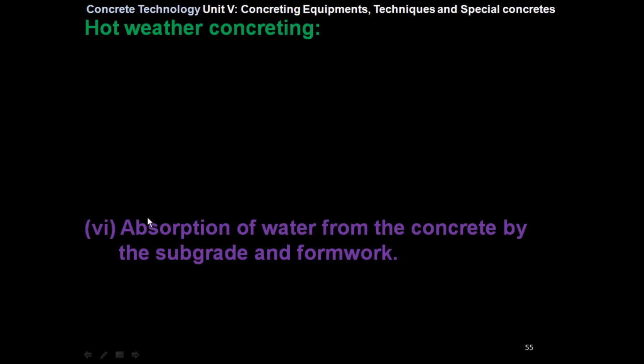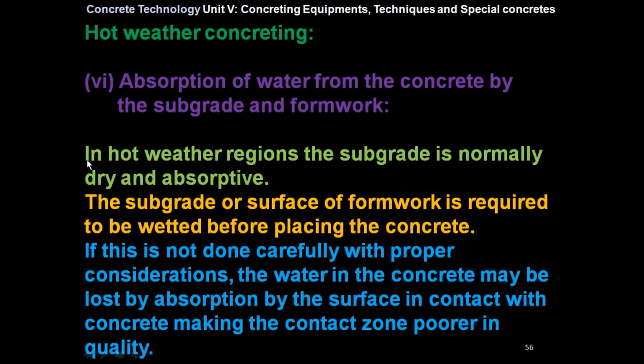Now we will see the absorption of water from concrete by the subgrade and formwork. In hot weather regions, the subgrade is normally dry and absorptive. The subgrade or surface of formwork is required to be wetted before placing the concrete.